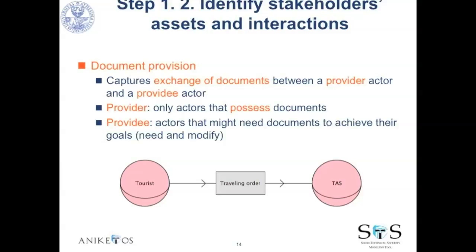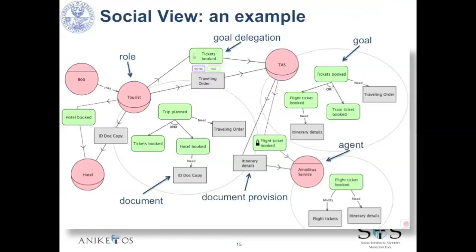So to give you an idea of how a model in the social view would look like, considering our given example, I've modeled here the social view for the travel planning scenario, in which the tourist wants to plan a trip, and for this he has to book the tickets and book the hotel. And in order to book the tickets, he delegates. So we have a goal delegation from the tourist to TAS for tickets booked, and we have another delegation from the tourist to the hotel for booking the hotel.